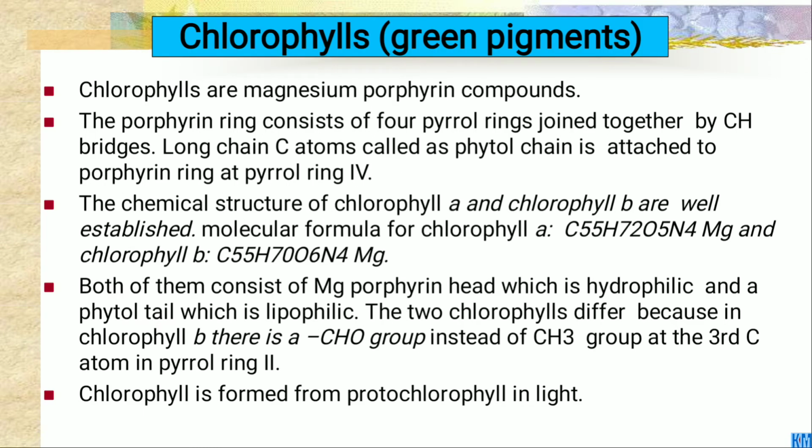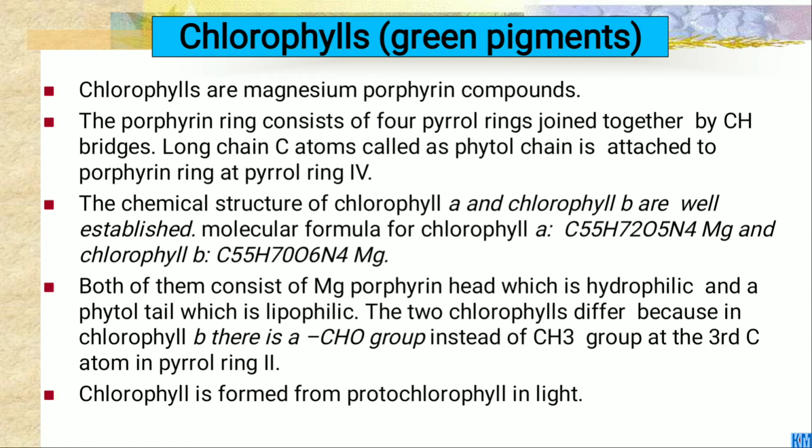Then chlorophyll. Chlorophyll is a green color pigment. Chlorophylls are magnesium porphyrin compounds. The porphyrin ring consists of 4 pyrrole rings joined together by CH bridges.